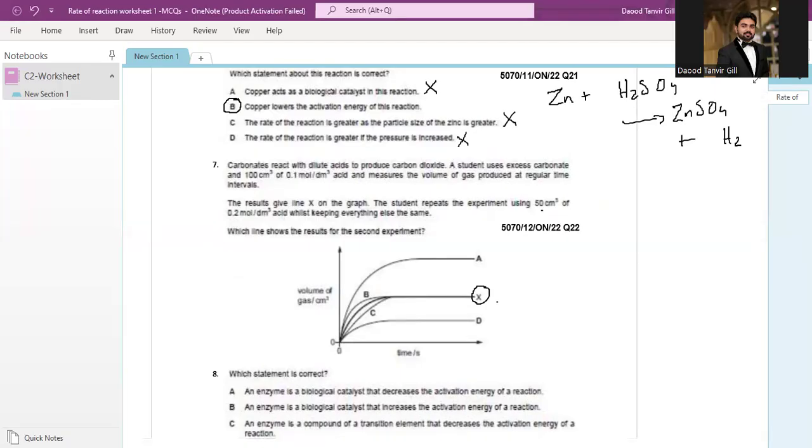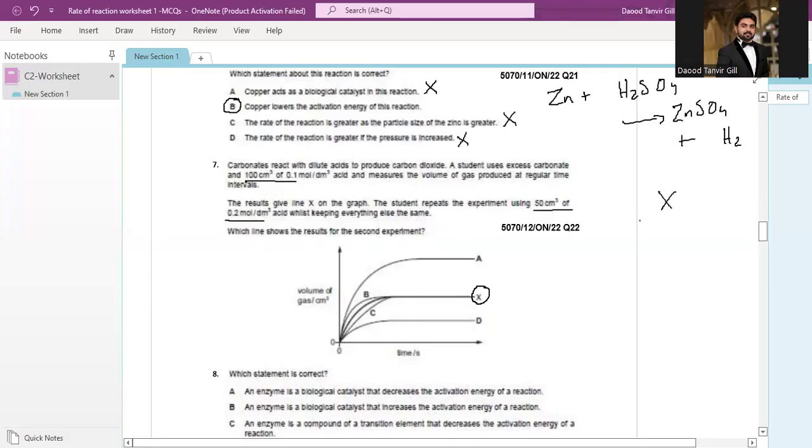So students, the first step we have to do is to calculate the moles of the acid we used. Let's try. For X, we will find the moles of the acid. This is the formula for finding moles.